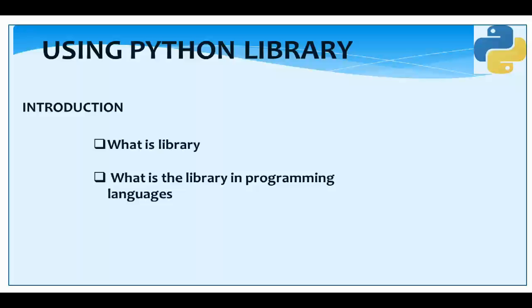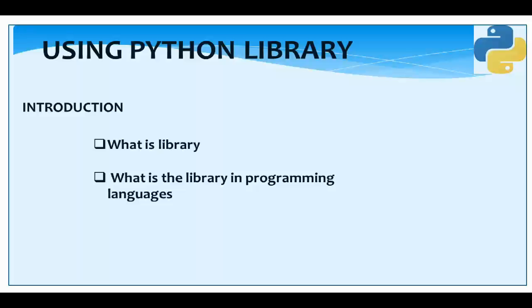For example, in Python you must have used the math module last year in class 11 to perform various mathematical operations. It contains functions to find the square root, absolute value, cos and sine of an angle, etc. So these functions are kept together in a single file called the math module. There are various other such modules or files available in Python in which related functions are kept, and these are called modules.